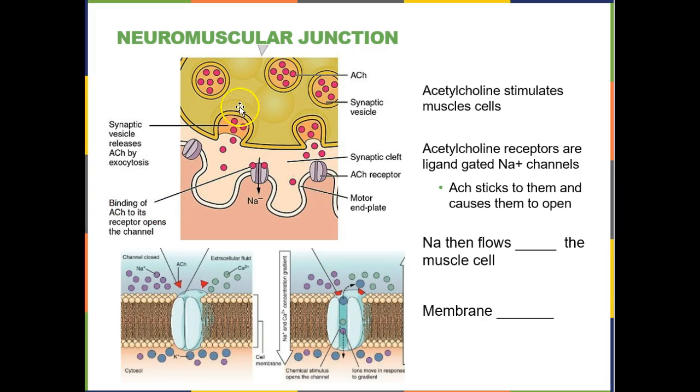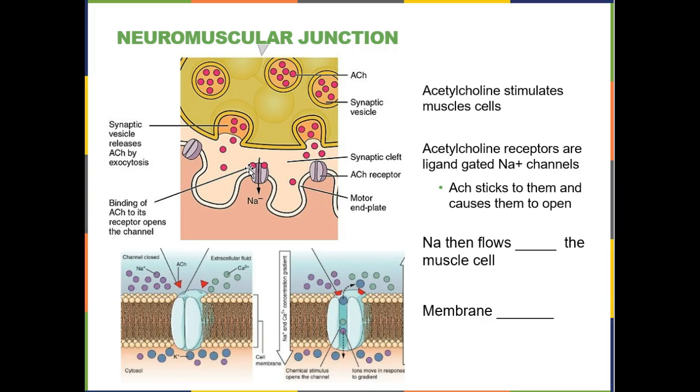We've got our axon terminal with its vesicles that contain acetylcholine, and then on our motor end plate, the part of the sarcolemma or muscle cell membrane right underneath that axon terminal, we have our acetylcholine receptors, which now over here we have labeled as ligand-gated sodium channels, which means they are channels that are going to respond to the presence of acetylcholine by popping open, and they primarily allow sodium to flow through them.